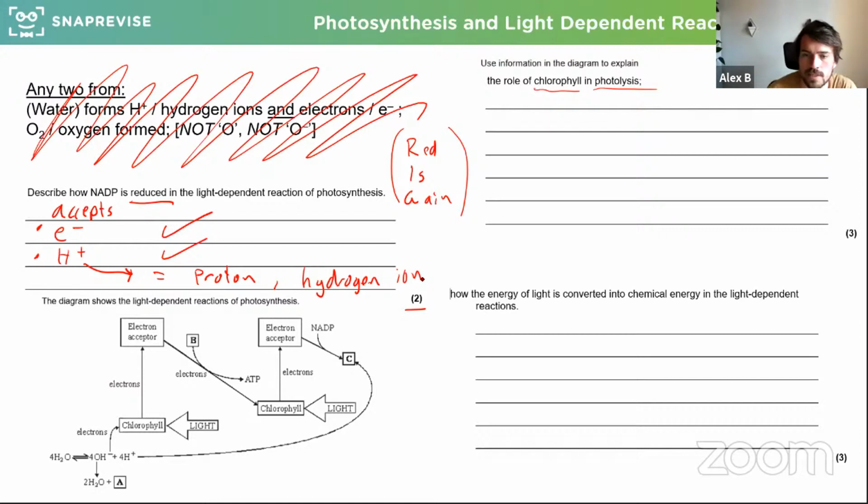It's all synonyms for the same thing. So the role of chlorophyll in photolysis for 3 marks. So we can say it absorbs light energy.